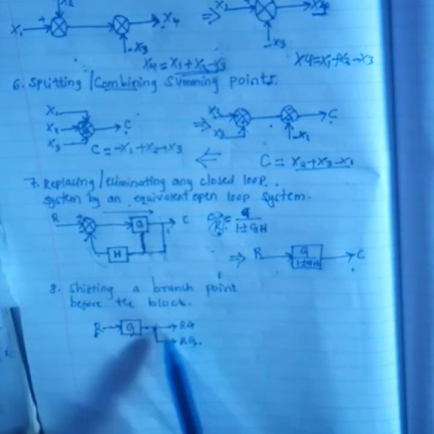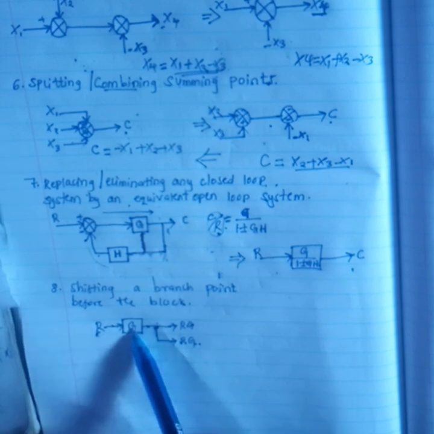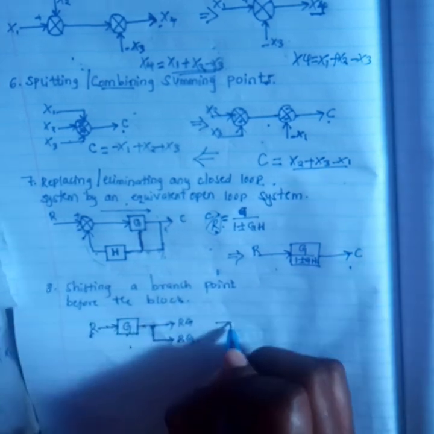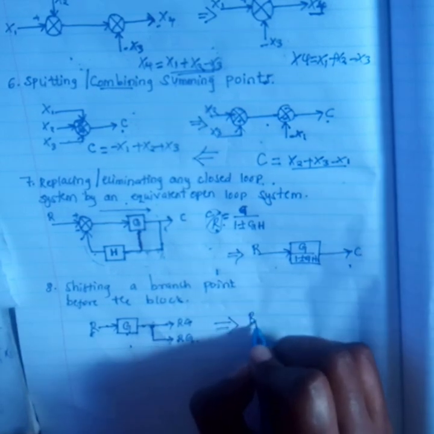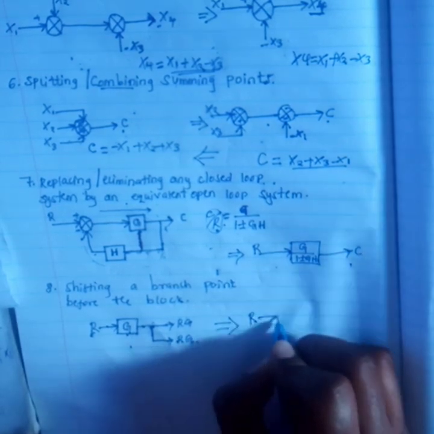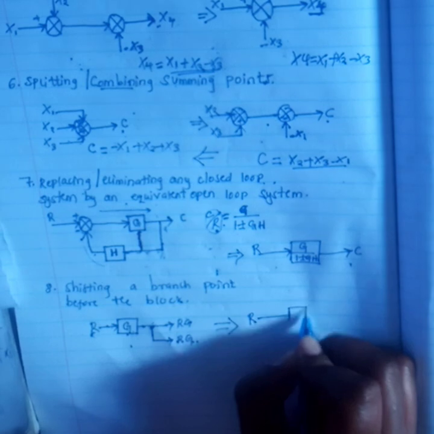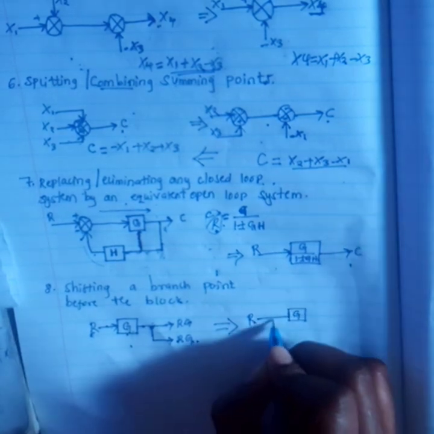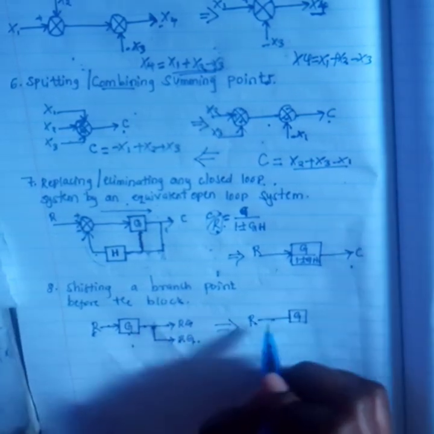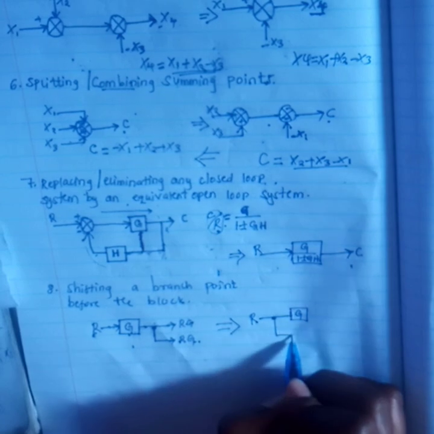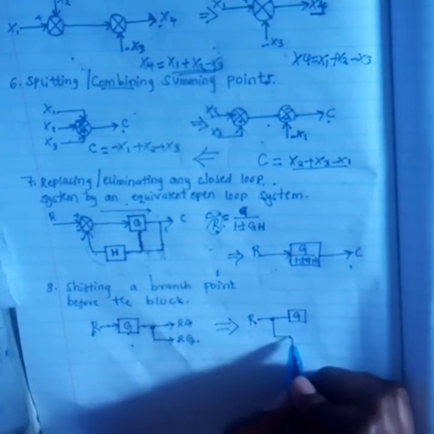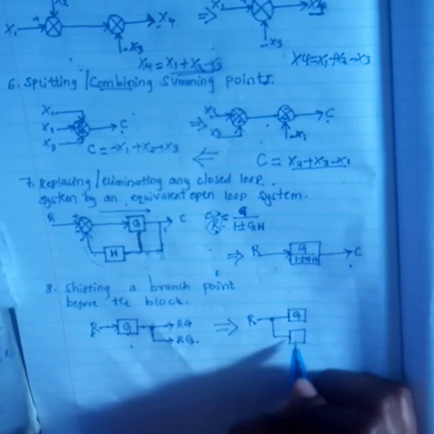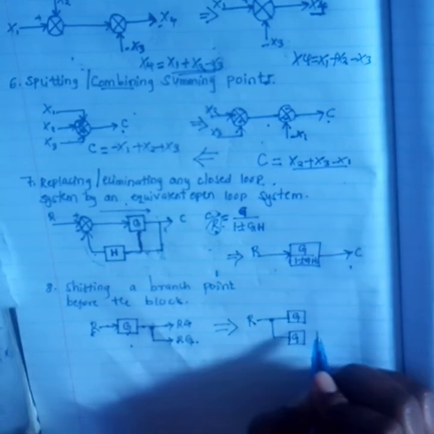So if I want to shift this point, then I bring it before the block, and I'll have something like this. I'll just have R here, then I'll put a block here, then I put this point before the gain block. But remember, each one of them has a gain block, so I just indicate my G here like that.